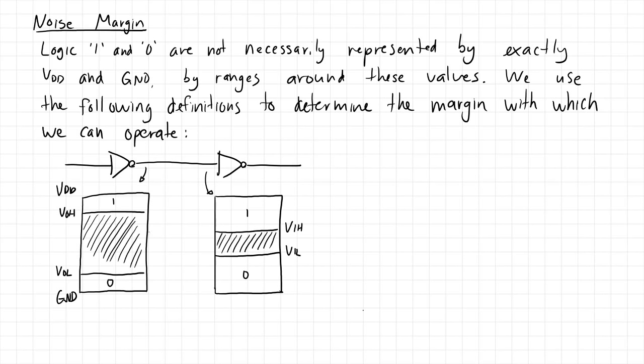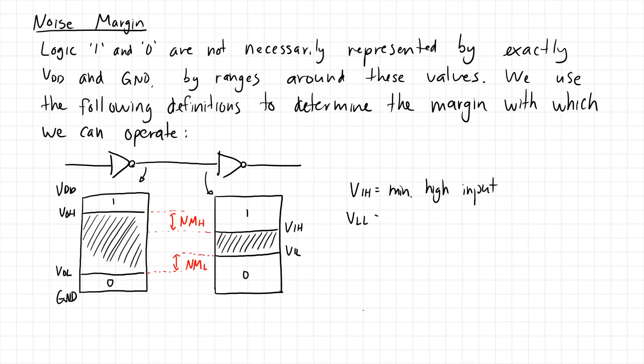Okay, so basically what this allows us to do is set up a little bit of margin. Okay, so as long as our signal is output higher than VOH, then we can with good certainty ensure that it's larger than VIH with some noise margin on the high end here. Okay, and likewise we have some noise margin on the low end over here. Noise margin low. Okay, so we say VIH is the minimum high input.